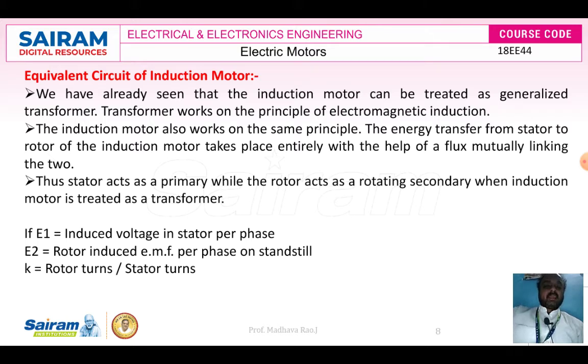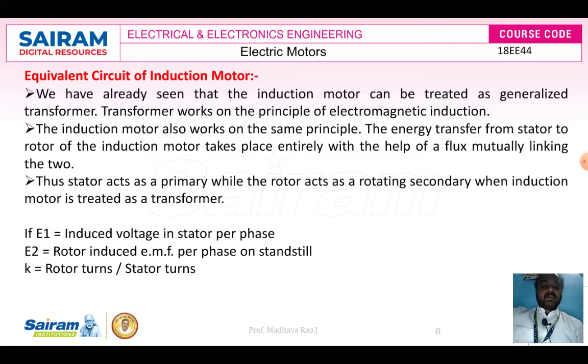The stator acts as the primary and the rotor acts as a rotating secondary. The stator acts like the primary winding in a transformer and the rotor acts as the rotating secondary winding, when the induction motor is treated as a transformer.